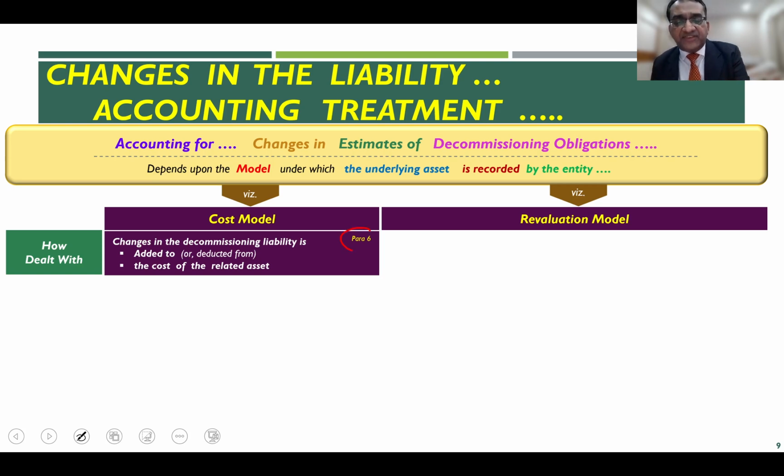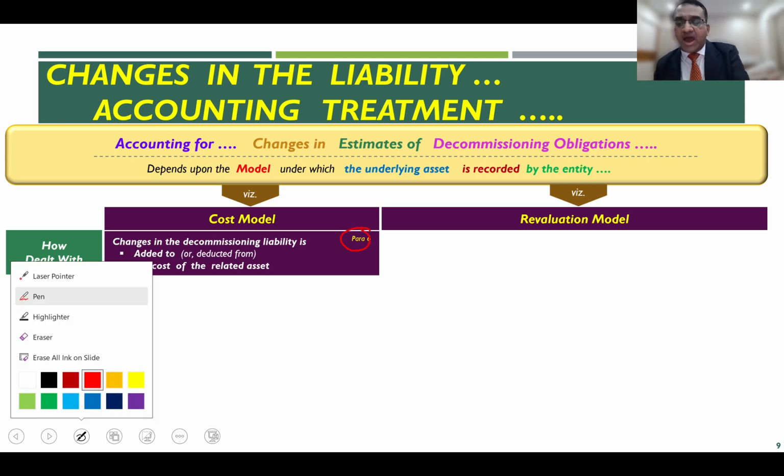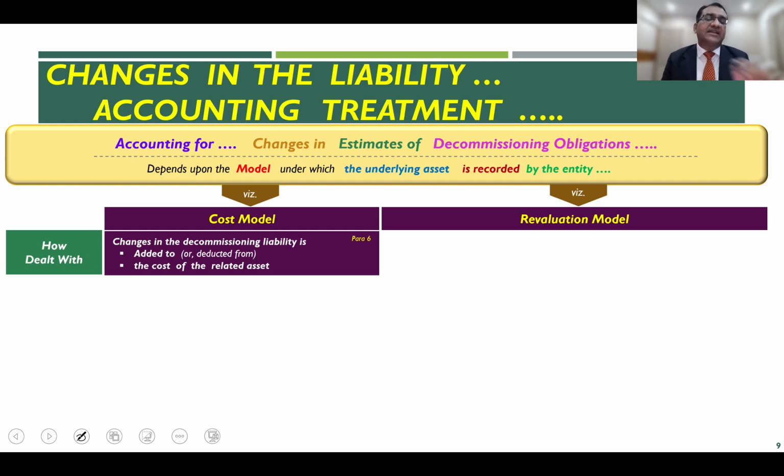Then paragraph 6 of IFRIC 1 and paragraph 6 of that appendix to Ind AS 16 tells you that if you are applying cost model and there is a change in the estimate of decommissioning liability, either increase or decrease, it is added to the cost of the related asset if there is an increase.